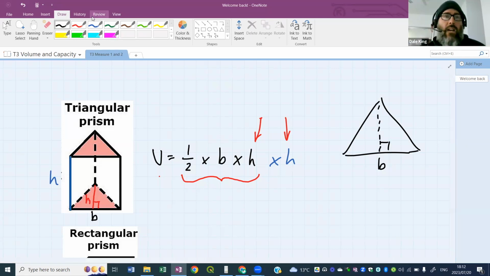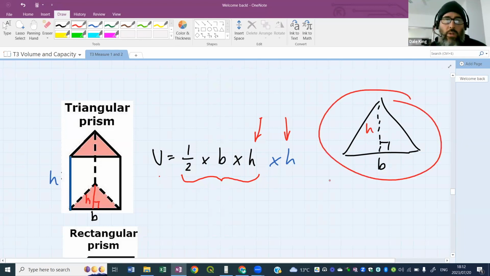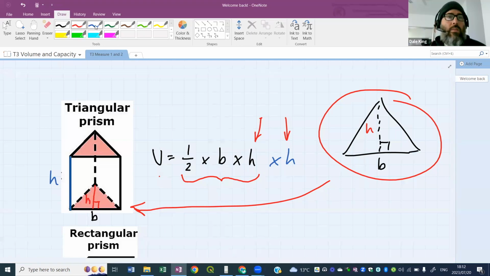So I'll put there in red that this dotted line is the height. So in the area of a triangle, which is now the base of my triangular prism, I've got a B and an H for height, but that's only in the triangle. I still have to multiply by this triangular prism's height, don't I? Yeah.